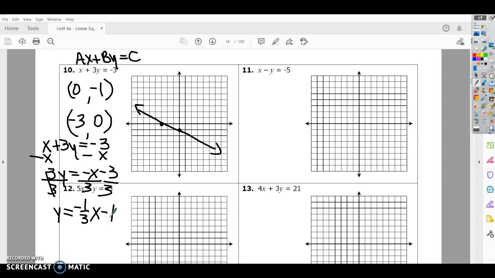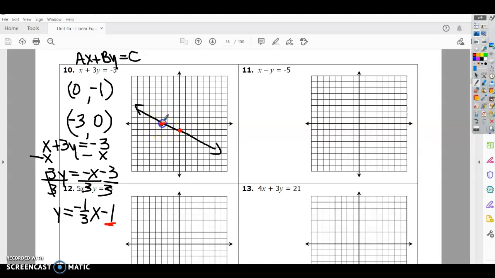So if we go up here and we try to graph this equation, I'm going to put this in red now. We're going to use our y-intercept at negative 1, and we're going to have a slope of negative 1 over 3. So if we come down 1 and go over 1, 2, 3. Let's see, down 1 over 1, 2, 3.